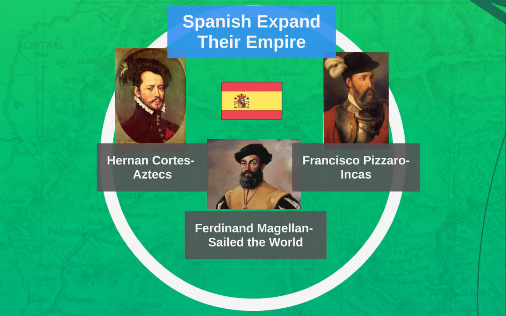Once Christopher Columbus kind of opens those doors in 1492, the Spanish start to want to take control of more than just the Caribbean, basically. And you have these 3 guys that are pretty important for you to know. So the first one is in 1519, Hernan Cortez takes a group of volunteers, about 600 soldiers from Cuba, and they go to the coast of Mexico where he reaches the Aztec Empire.